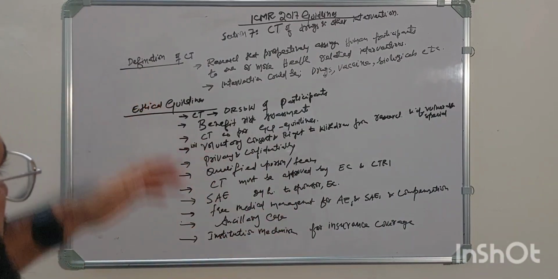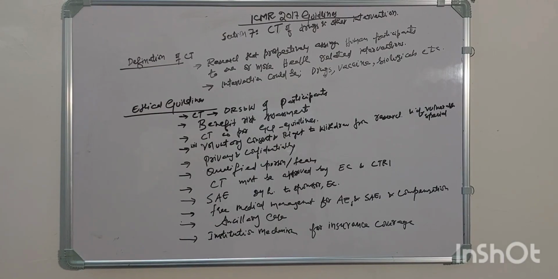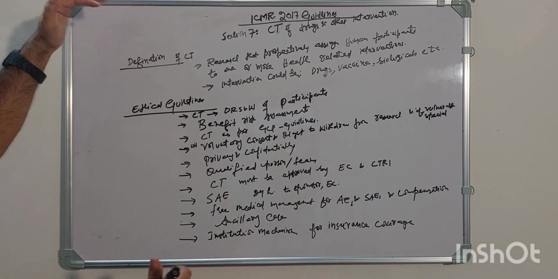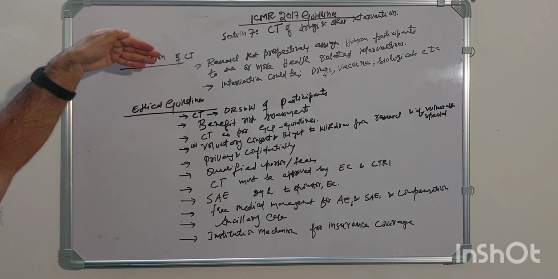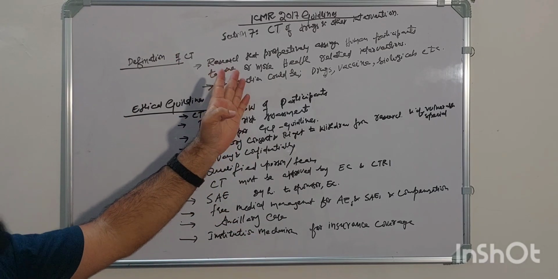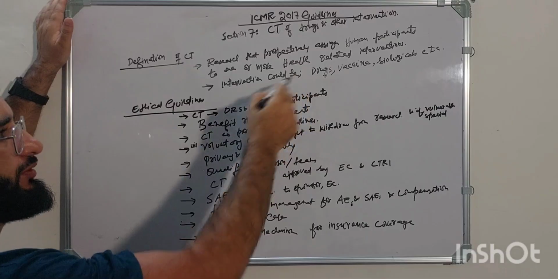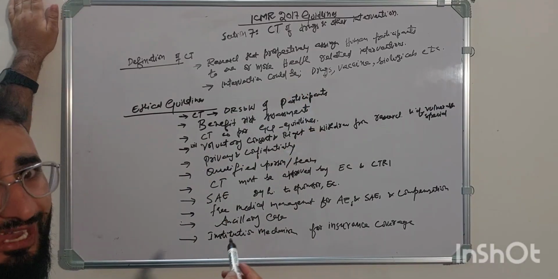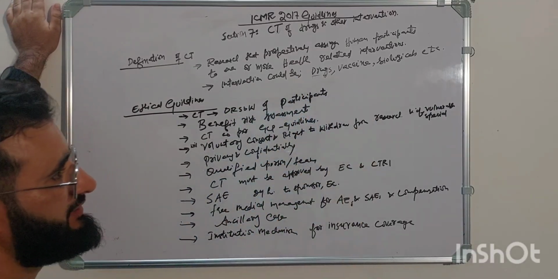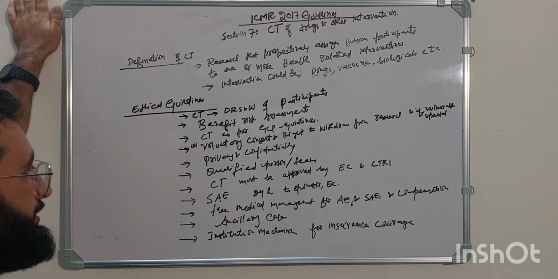If we look at the definition of clinical trials as per ICMR, they have defined a clinical trial as a study or research that prospectively assigns human participants to one or more health related interventions. And interventions could be drugs, vaccine, biologicals, etc., which I mentioned.